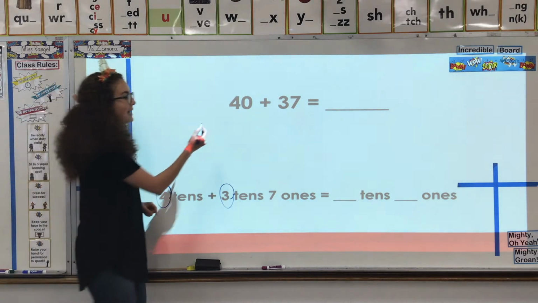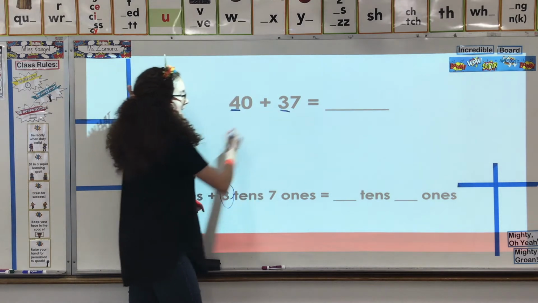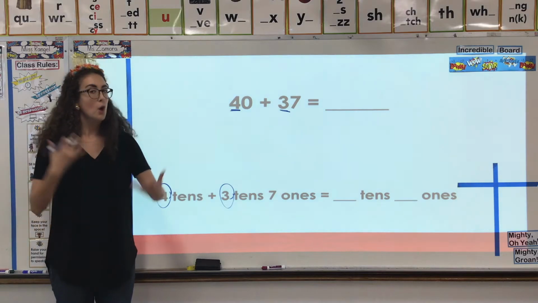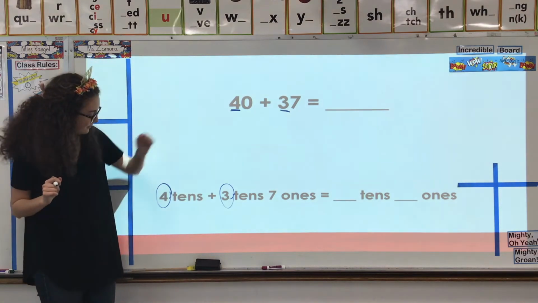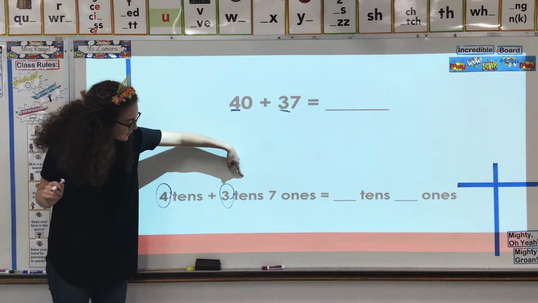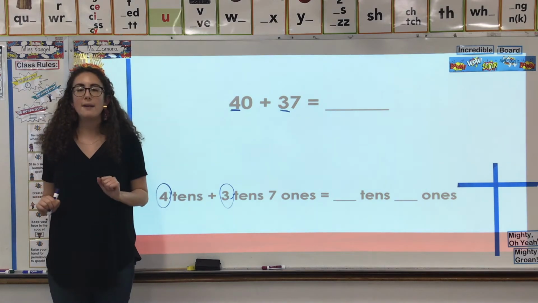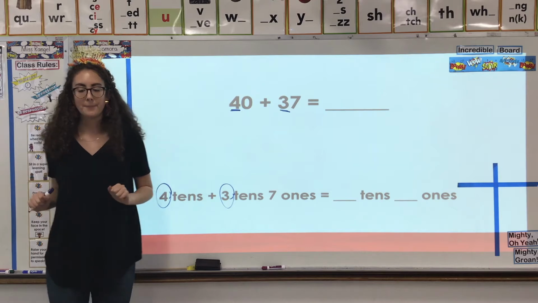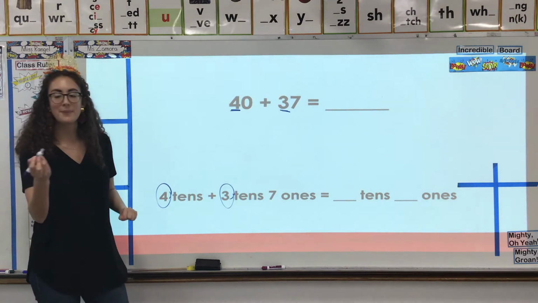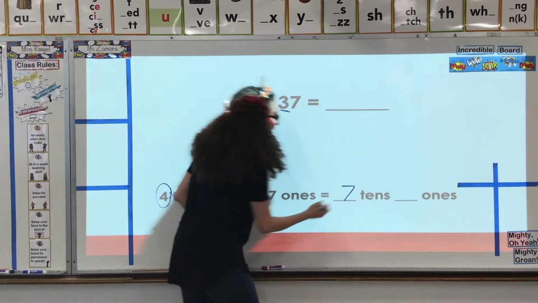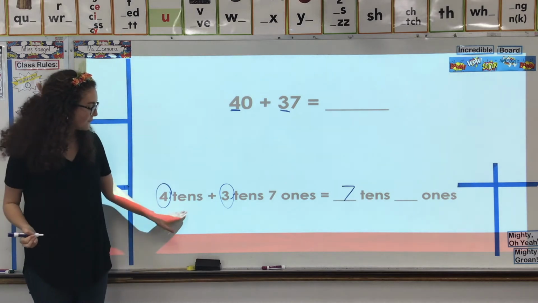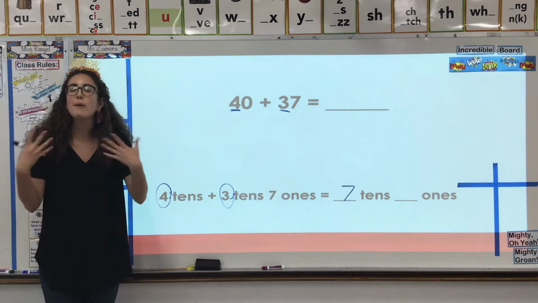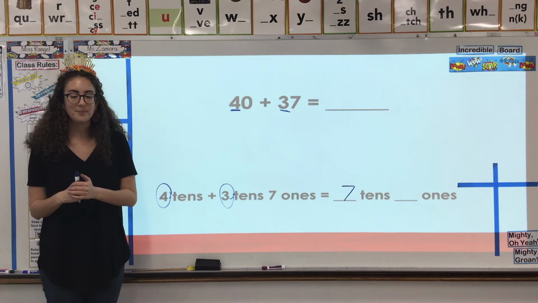We're adding the tens that are in that same place. So when we do that, what do we get? 4 tens plus 3 tens. How many would we have? 4 plus 3. That would be 7 tens. We have 4 and added 3, and now we have 7 tens.